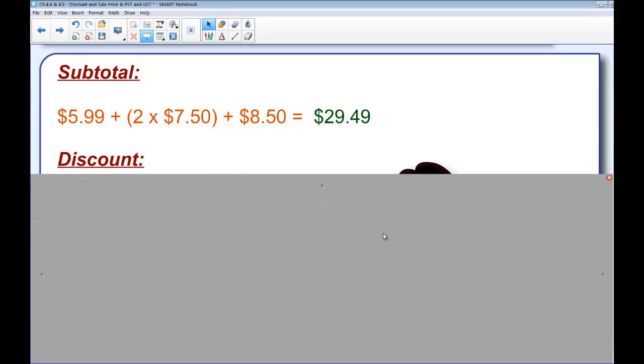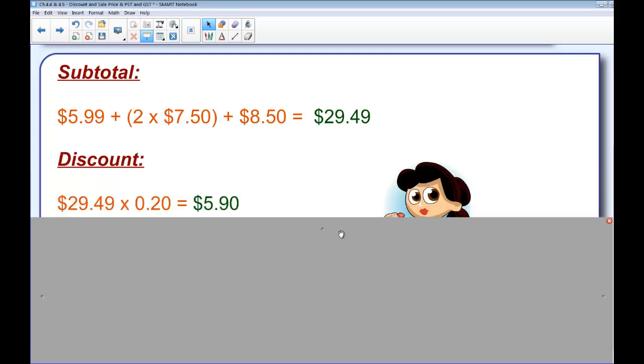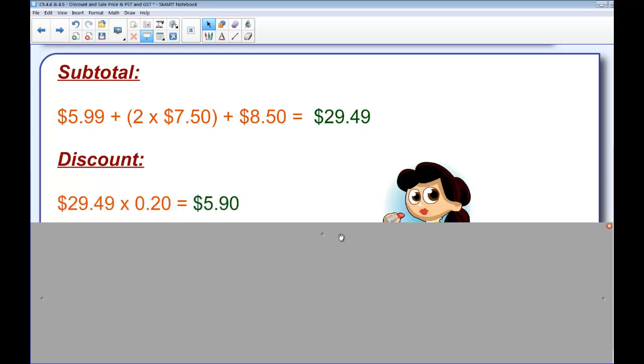The next thing then is to apply the discount. Now the discount is applied on the subtotal, so the discount will then be applied on this $29.49. So it was a 20% off discount that she had. So you would take the $29.49 and multiply that by 0.2, which is 20% in decimal form. That works out to a $5.90 discount.